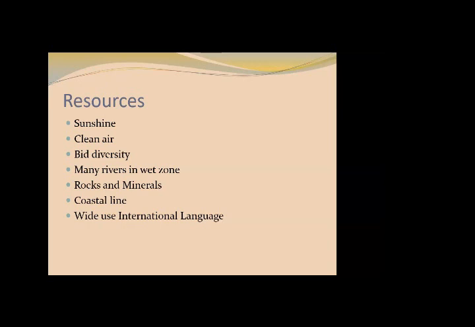Right. This slide relates to the fact that we have sunshine for many days of the year. We relatively have cleaner air. Relatively, I mean, now and then our level goes down, but we have a great biodiversity. I think it's the wrong spelling there; it's BIO, biodiversity. Of course, we have many rivers running around us, rocks and minerals, coastline, and we also have an international language widely used.